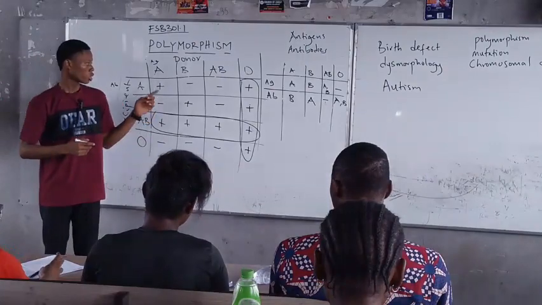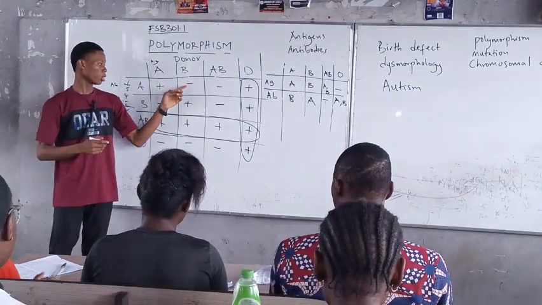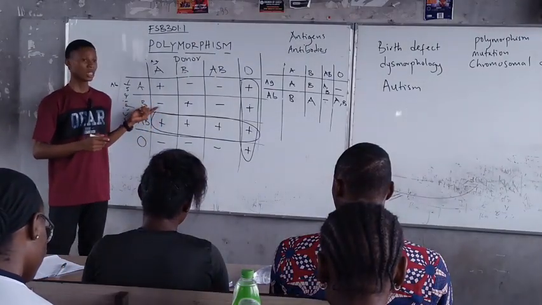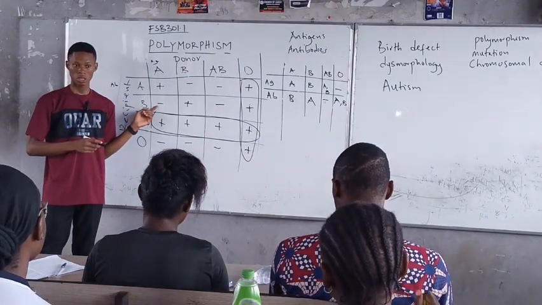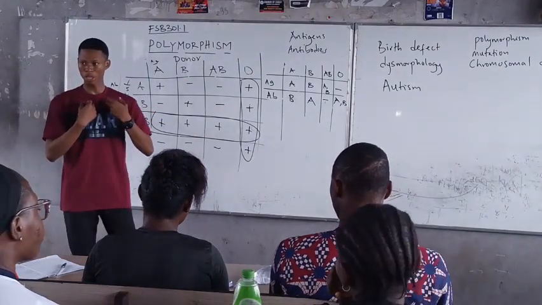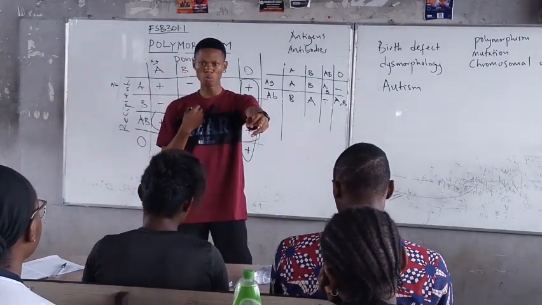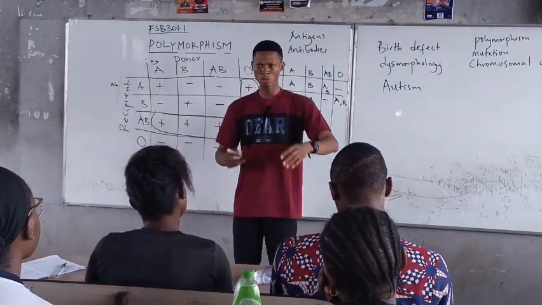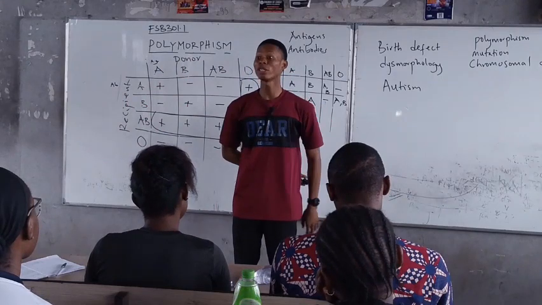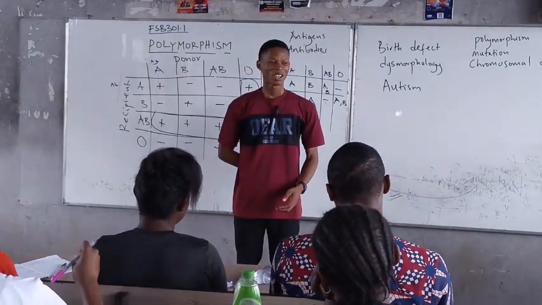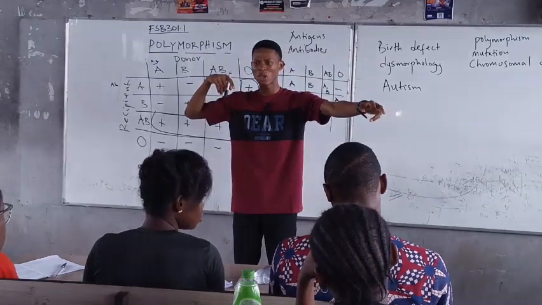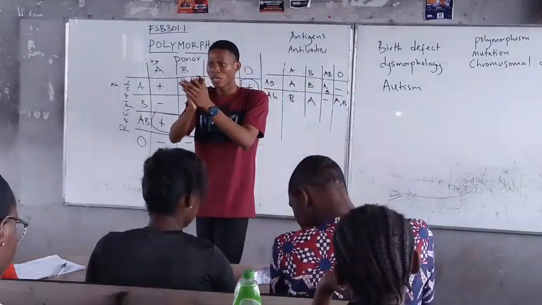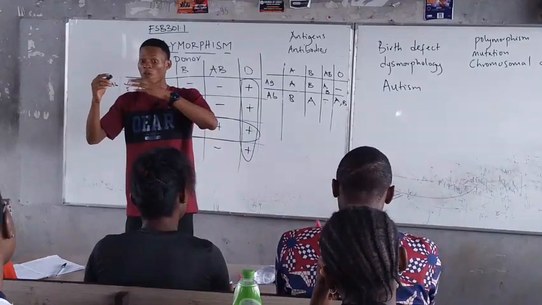Okay, let me ask. Somebody of blood group B cannot receive blood from somebody of blood group A, right? Let's assume I'm blood group A, and let's assume he is blood group B. If I receive blood from him, what will happen to me? What will happen? There is a term we use. Agglutination, or clumping of blood. That fight I was using, since they will fight against this.